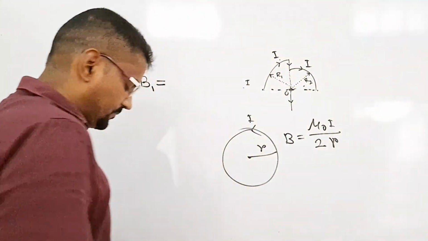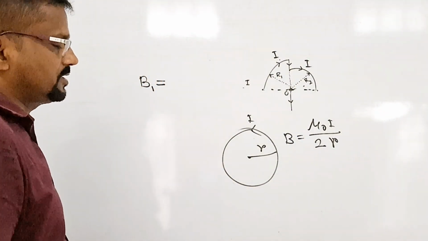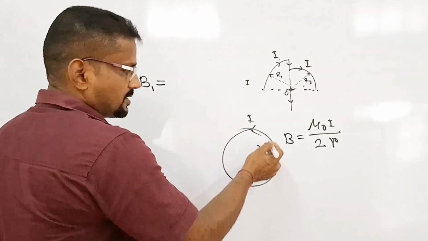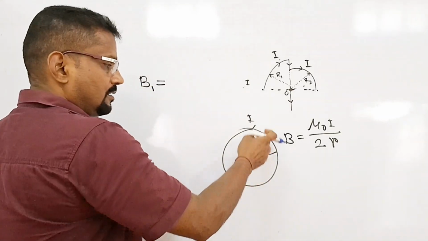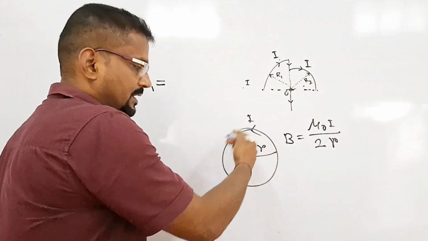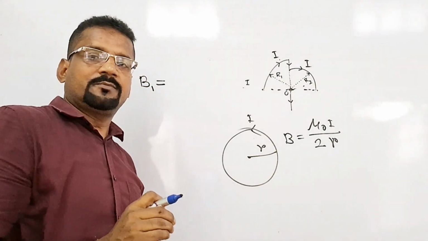This can be considered in another way also. As you are considering the entire circle, the angle at this point corresponding to the entire circle is twice pi.